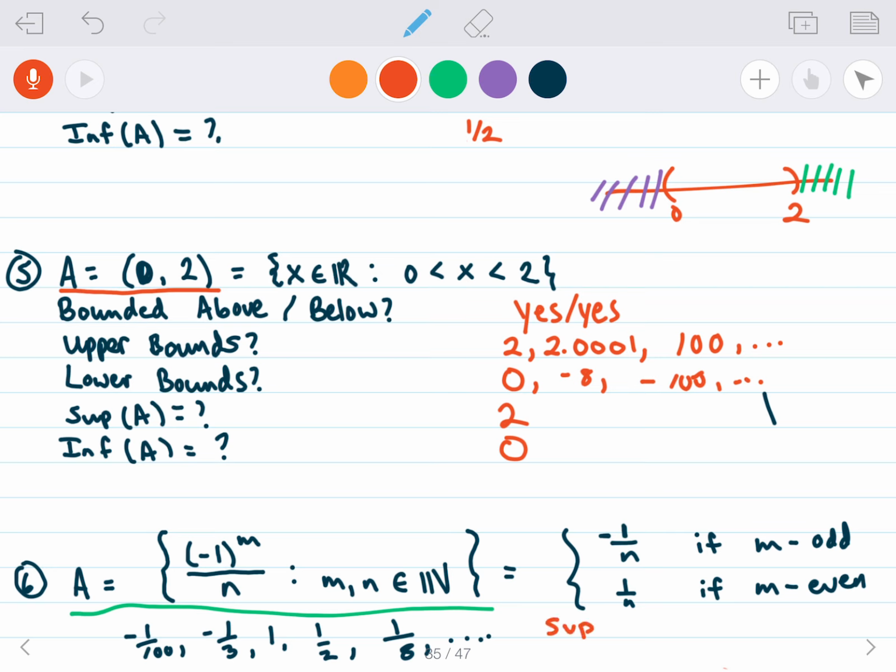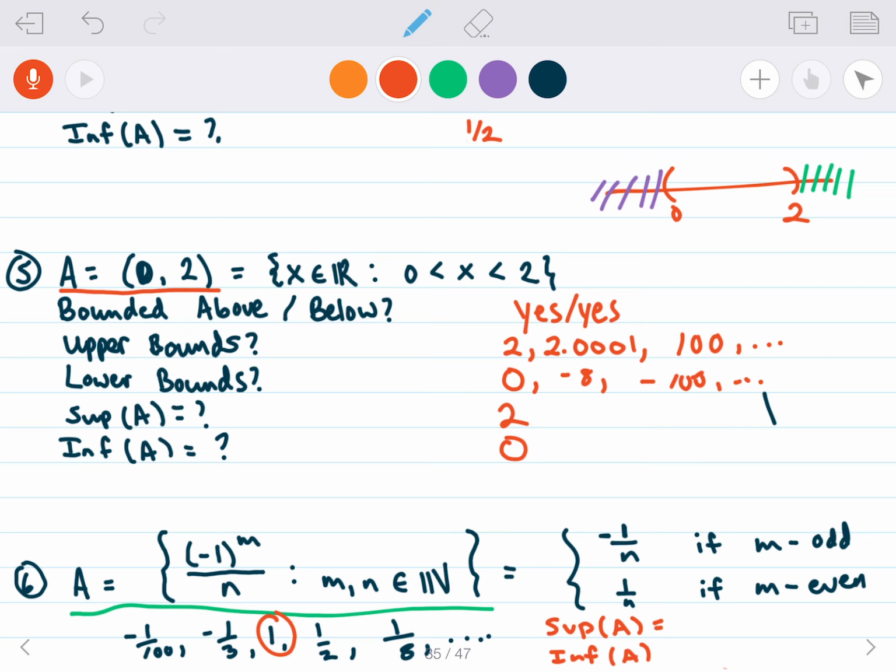So it's the supremum. What's the largest value that we are converging to here in our set? Well, it has to be 1, right? 1 is the largest possible thing that is going to be in this set, and it's the least upper bound of this set.